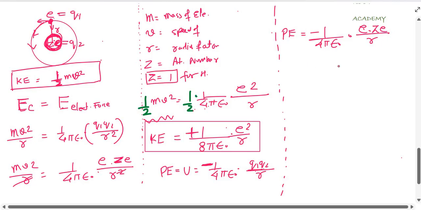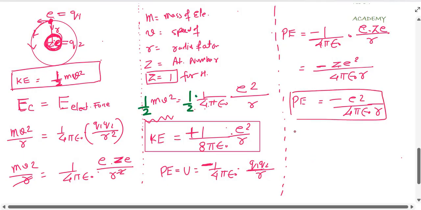So the potential energy will be, let me write down, minus ZE square by 4 pi epsilon naught r. If I put 1, the potential energy will be minus E square by 4 pi epsilon naught r, because I have taken Z as 1. So this is the potential energy.